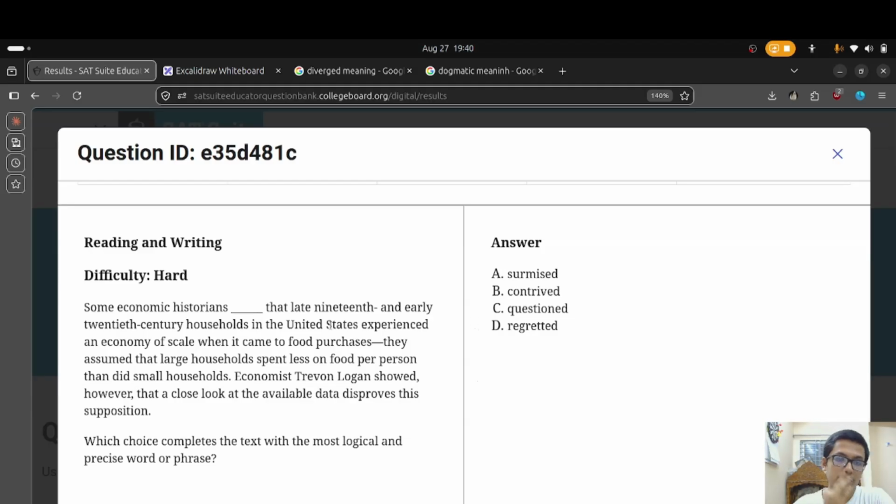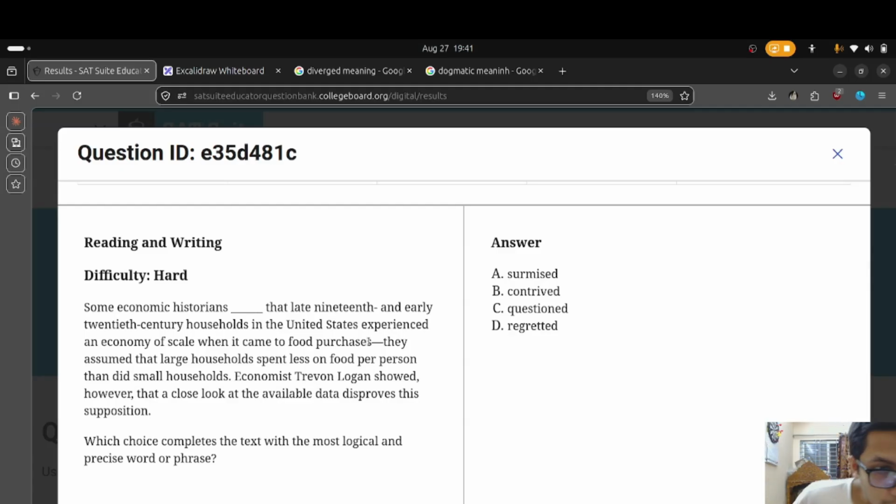So, let's go to the next question. Some economic historians surmised. You see, whenever you see this punctuation here, it mainly says that it will explain the sentence.